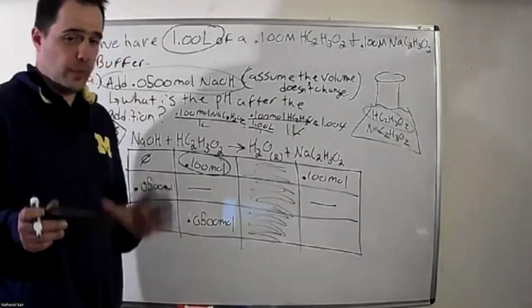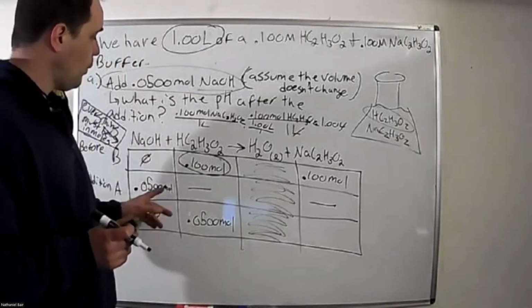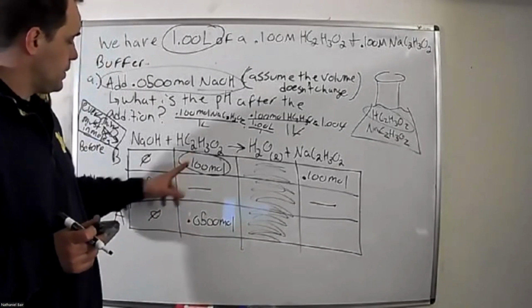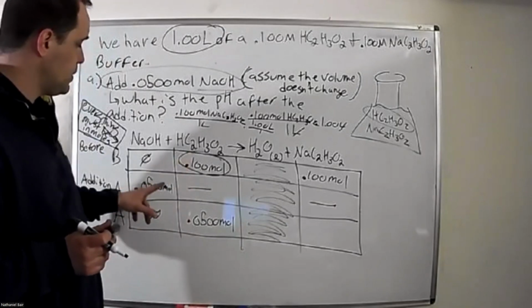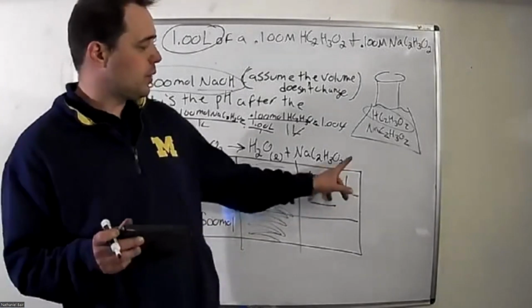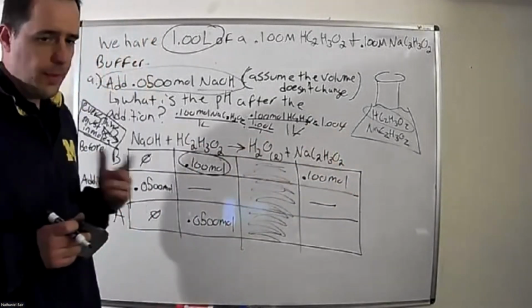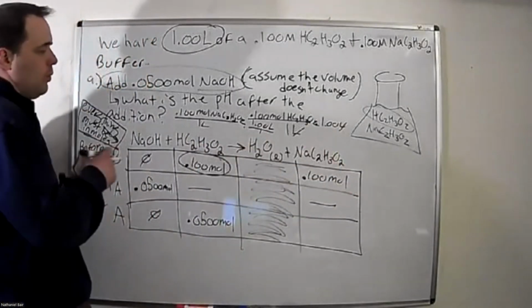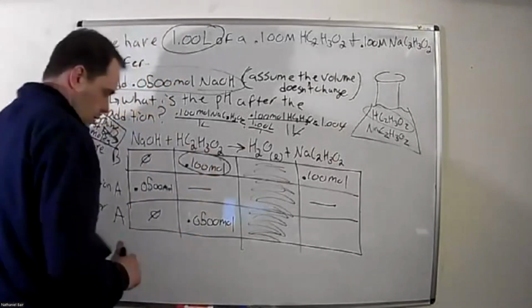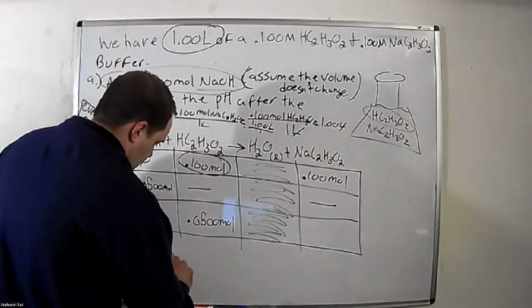And now we got to be careful here. What happens? Well, this is going to quench all of that, but it's going to make this much more sodium acetate, right? Think about what happens when these two react, and I'll write it down here for just a second.